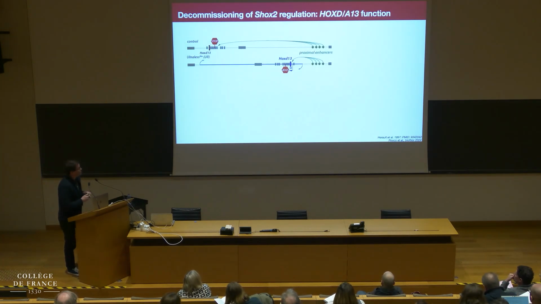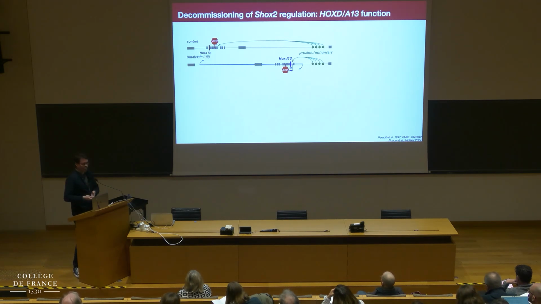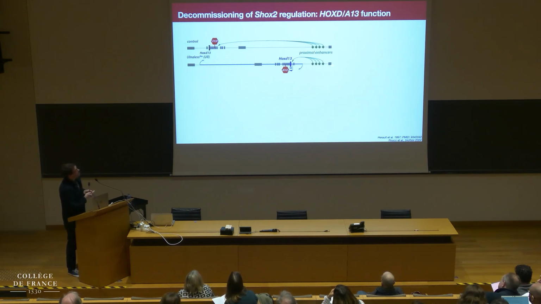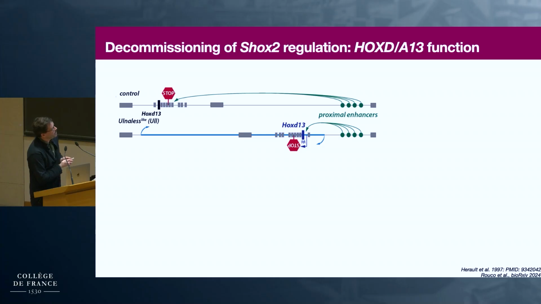Because we like complicated genetics, we decided not to go for a loss of function, but for a gain of function. We wanted to overexpress HOX13 where SHOX2 is normally expressed, and to see if we can ectopically decommission the locus and see what's going on. For that, we recreated an old inversion that was a spontaneous mutation in the mouse.